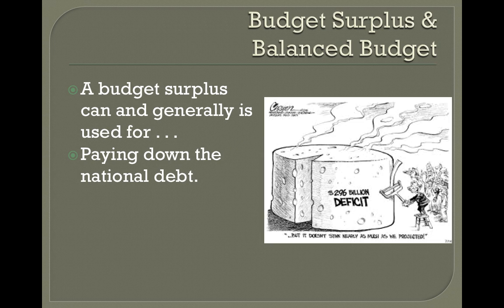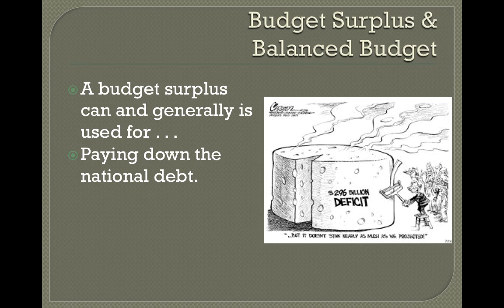Like we said, if the government does have a surplus, which again is rare, it would be used to pay down the debt typically. If not, maybe it could be given back to the taxpayers in the form of a tax break, or it could be used to fund new construction or new capital goods, or a lot of different things.